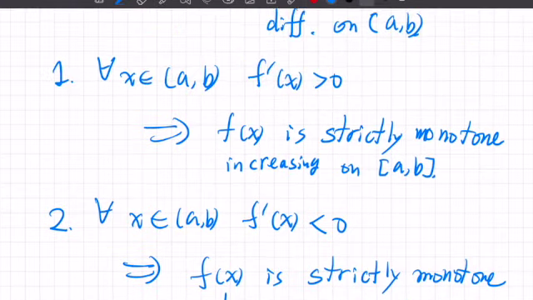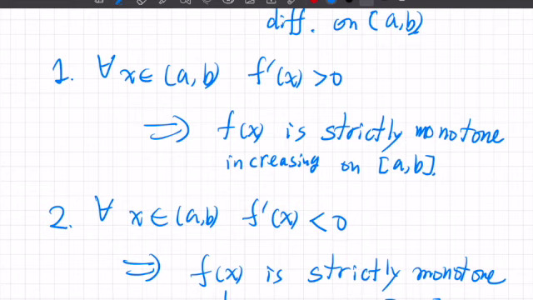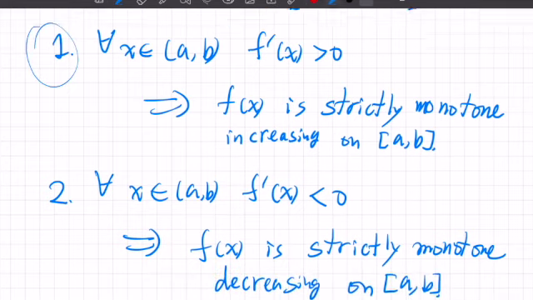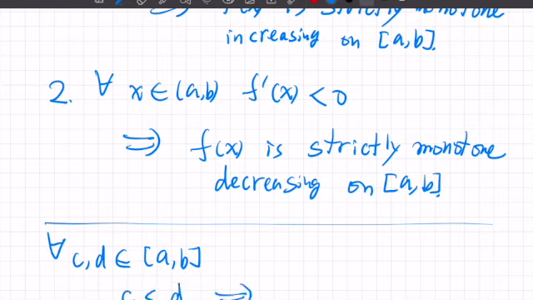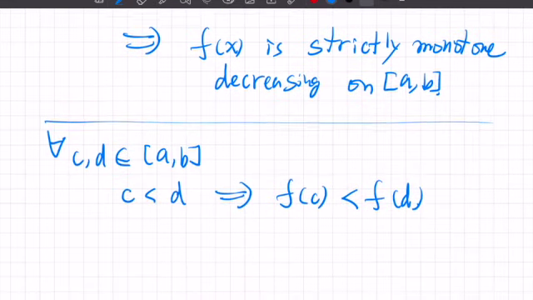So let's prove this. I only prove part 1, and part 2 is very similar. So what we need to prove is this. For all C, D picked from this interval, we just need to show that if C is less than D, then f of C is less than f of D. So this is what we need to show.